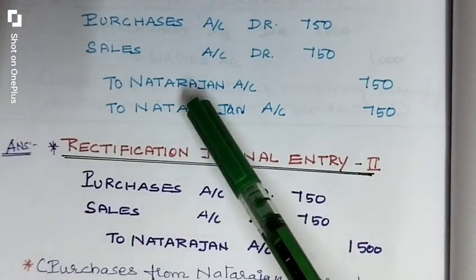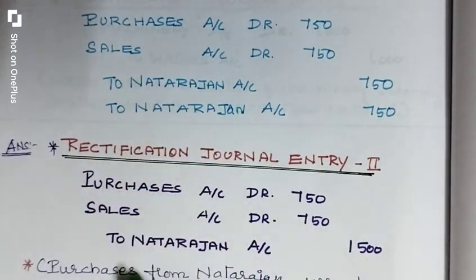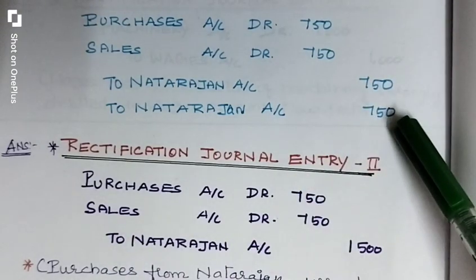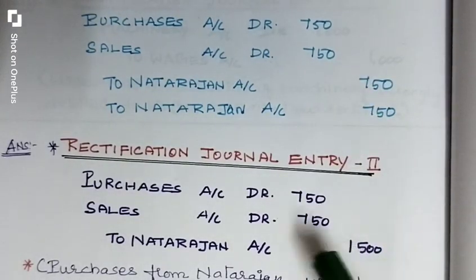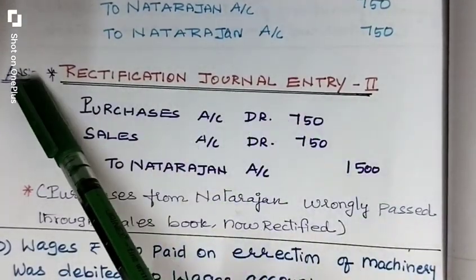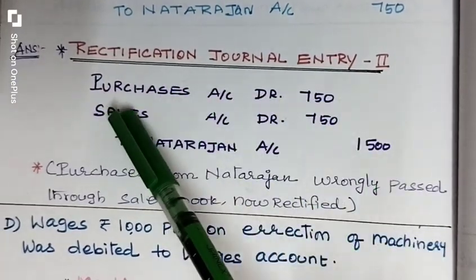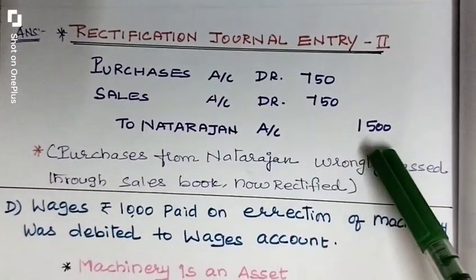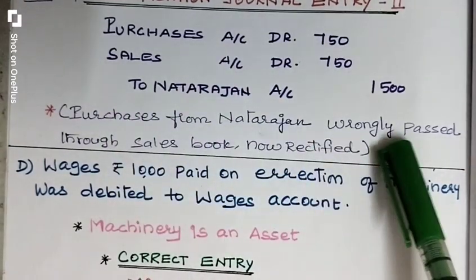And we have to combine both Natarajan accounts into one, adding these two 750 rupees: 750 plus 750, 1500. So to Natarajan account 1500. This is the answer. The rectification journal entry is purchases account debtor 750, sales account debtor 750, to Natarajan account 1500. The narration is purchases from Natarajan wrongly passed through the sales book.